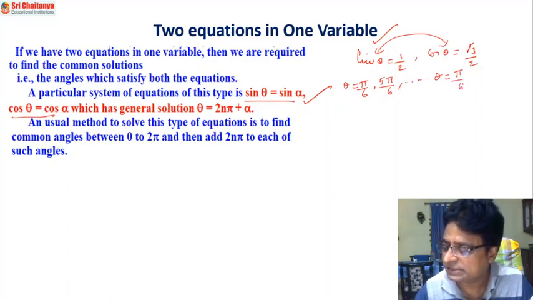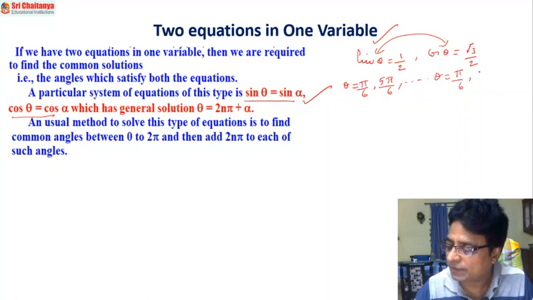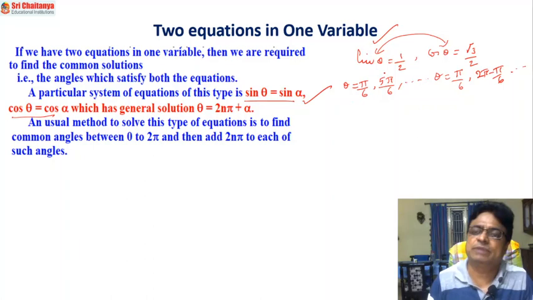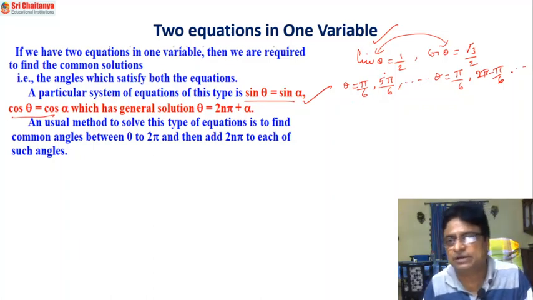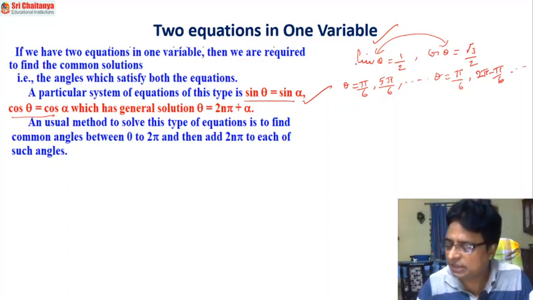Cos pi by 6 and 2 pi minus pi by 6, that is 11 pi by 6, etc. Infinitely many values of theta satisfy sin theta is equal to 1 by 2 and infinitely many values of theta satisfy cos theta is equal to root 3 by 2. Among these two, pi by 6 is the common angle.